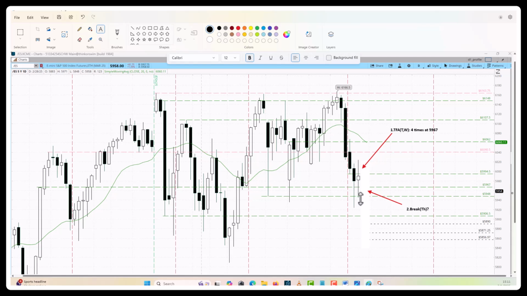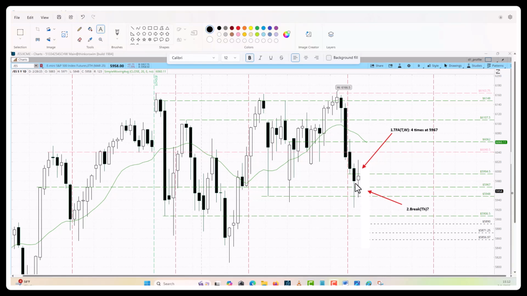Then the Thursday is going to reverse this move. That's what we're trying to say, it reverses that move. Or if we look at it this way, it's a test from above and then boom, break, and then Friday is a reverse. So you see it kind of overlaps right there. It's not always easy to have it black and white.